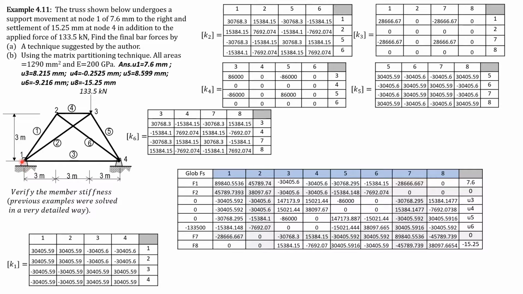U1 is specified, 7.6 to the right. U2 is not specified, or it is 0. Then U7 also is 0 because U8 is negative 15.25. So we eliminate row 2, column 2, and row 7, column 7, leaving the matrix to be 6 by 6.